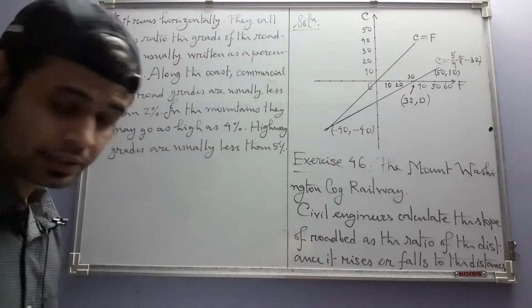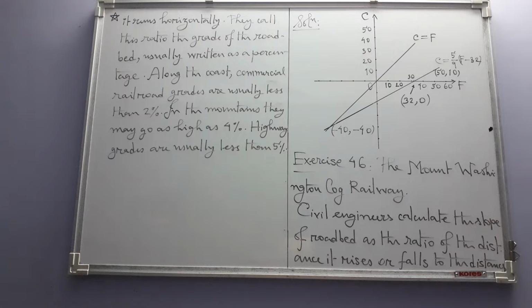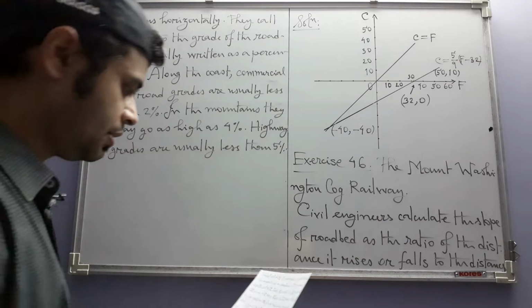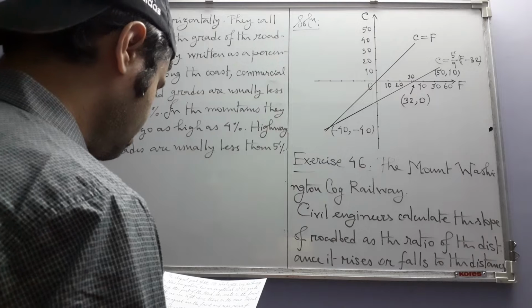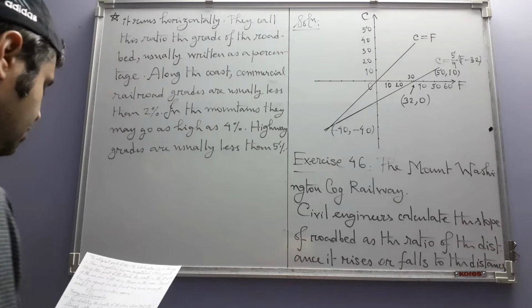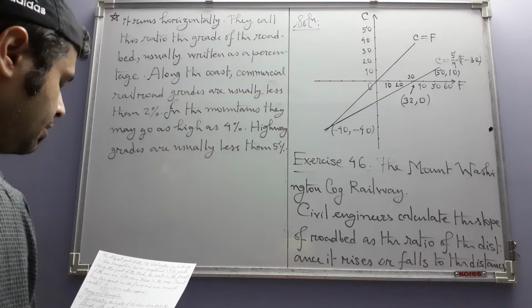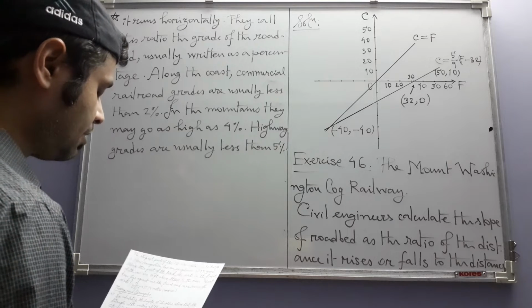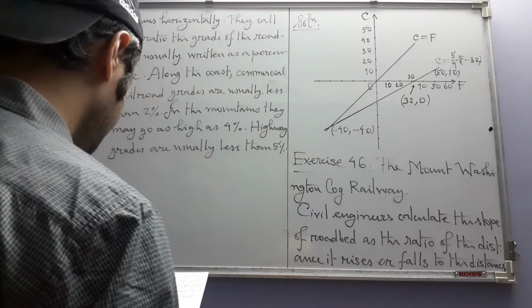Then what is the exercise? The steepest part of the Mount Washington Cog Railway in New Hampshire has an exceptional 37.1% grade.